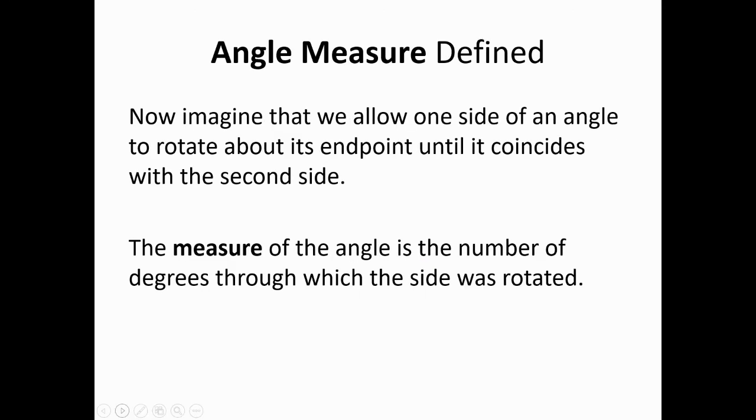So let us say now that we have an angle. Let us imagine that we rotate one of the sides of the angle until it coincides with the other, and imagine that the vertex remains fixed. The number of degrees through which one side must rotate until it coincides with the second side is by definition the degree measure of that particular angle.